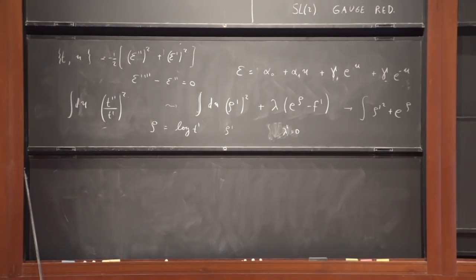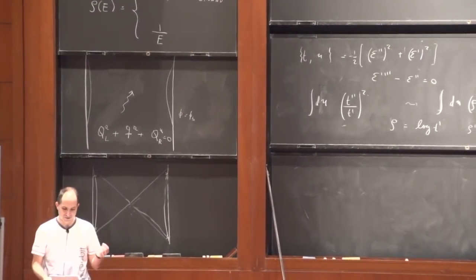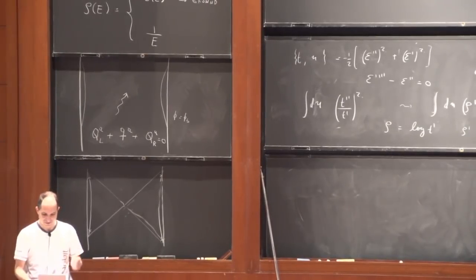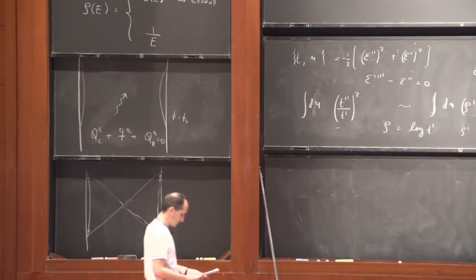And then you can also think of the motion of this particle as a physical particle whose action is given by the action of a particle with a constant electric field in AdS2. And that has some other nice features. Anyway, so these are various ways to do it.